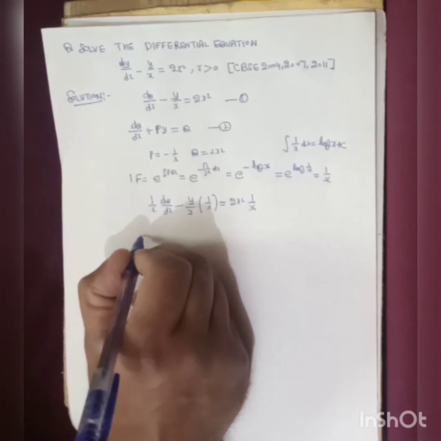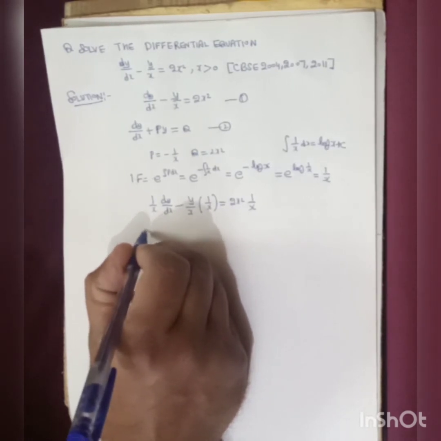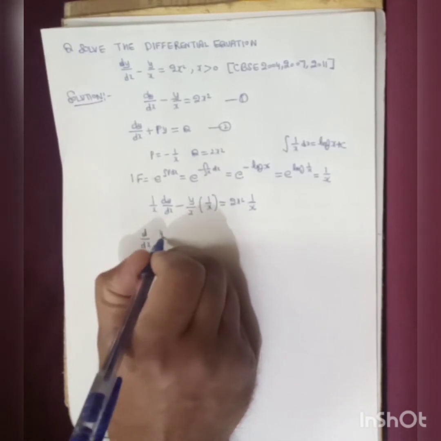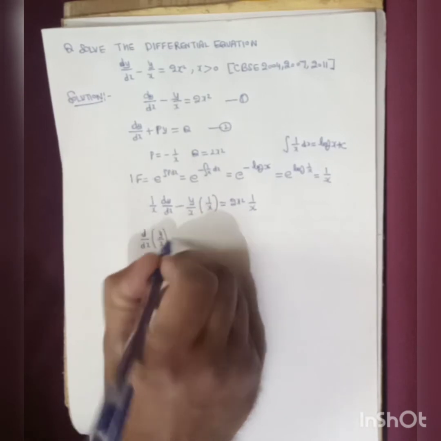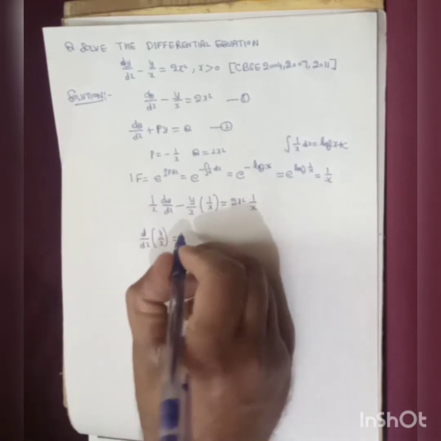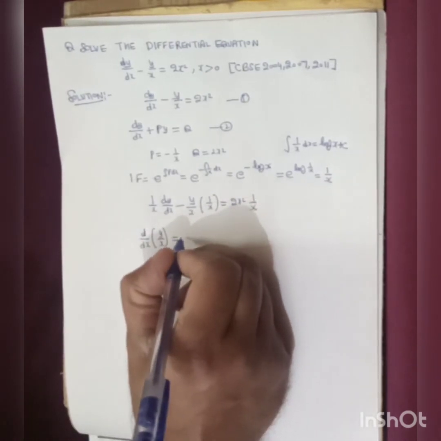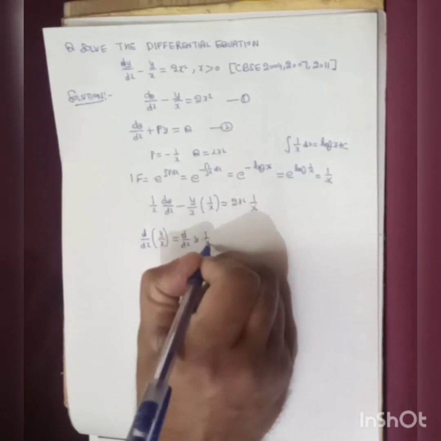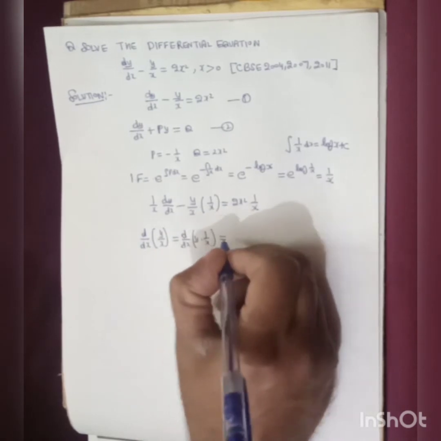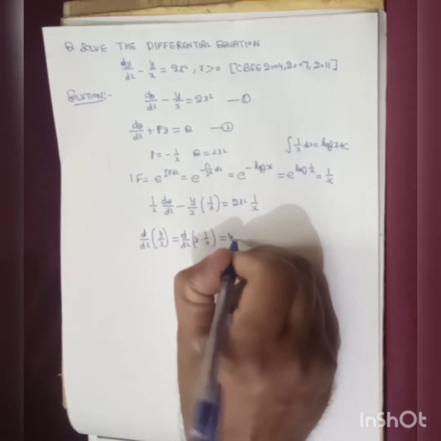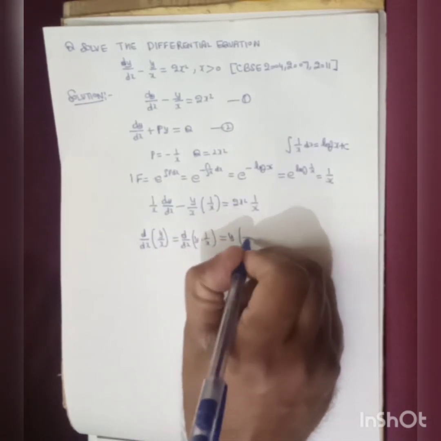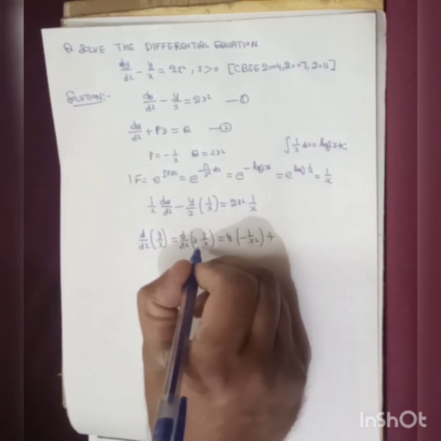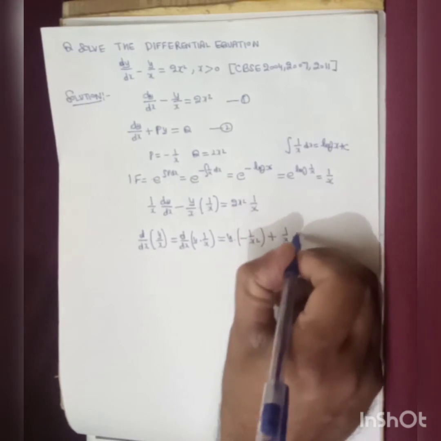Clearly, 1 upon x into dy over dx comes from differentiating y over x. d upon dx of y over x, calculated as d upon dx of y into 1 upon x, is first function y into the derivative of the second, which is minus 1 upon x square, plus 1 upon x into dy over dx.